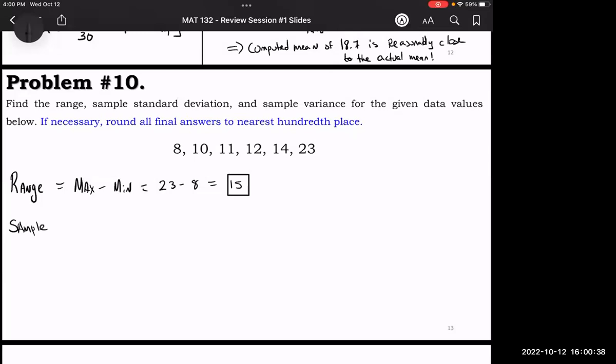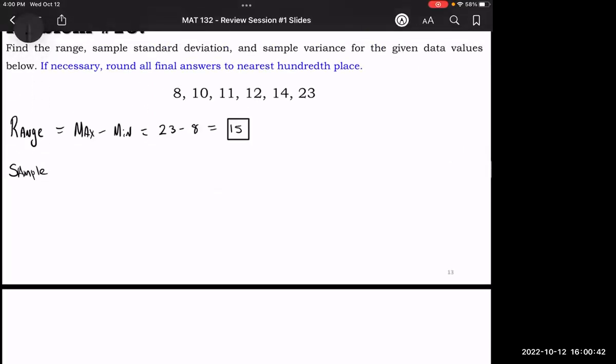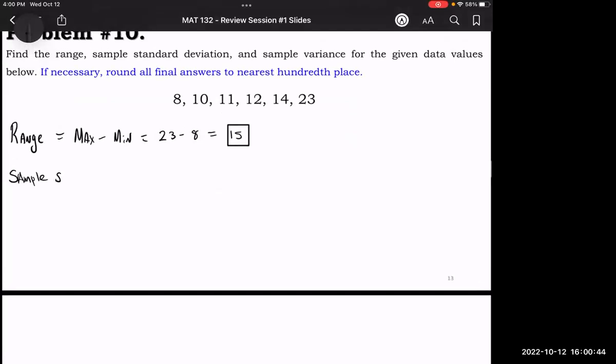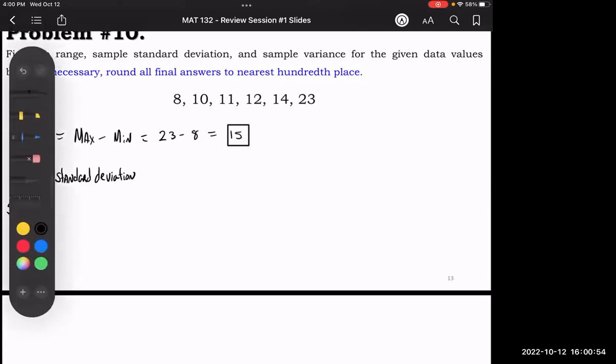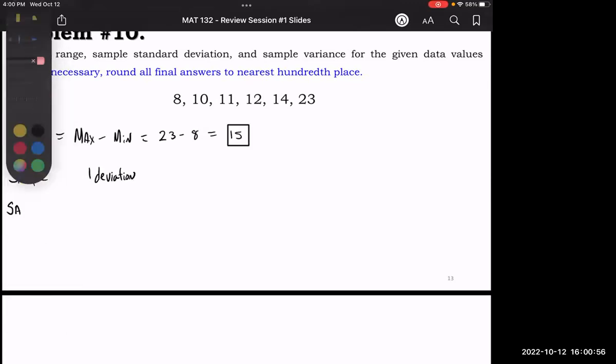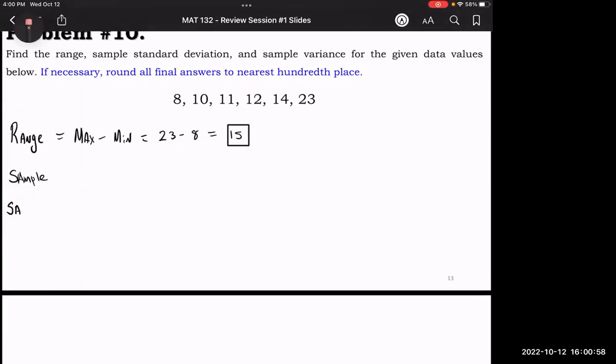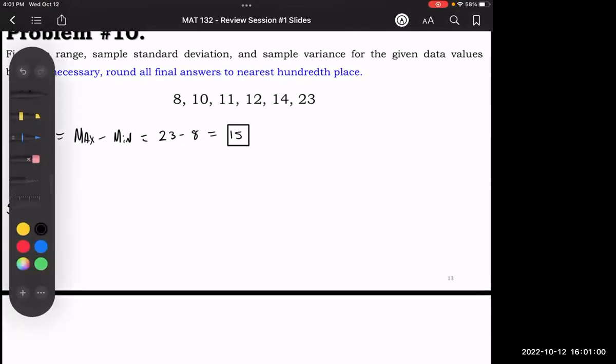So I'm going to write out their formulas for both, and then we're going to do a table for them. First sample variance, and then sample standard deviation.